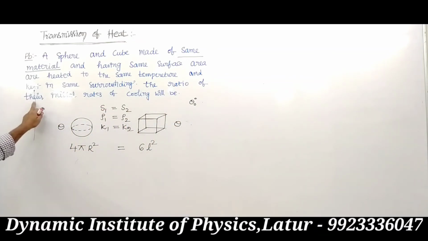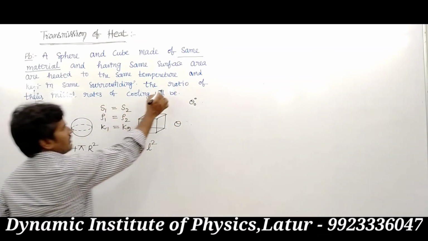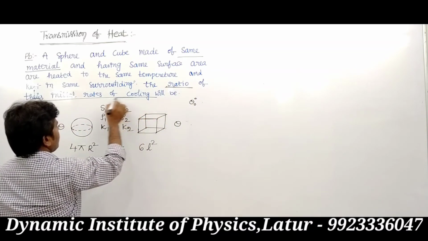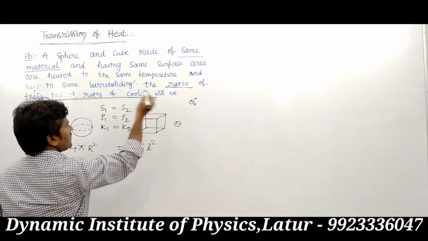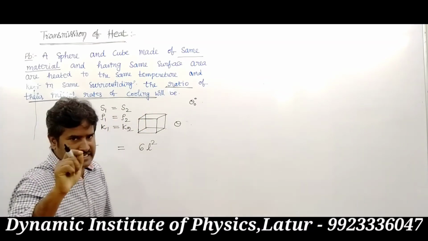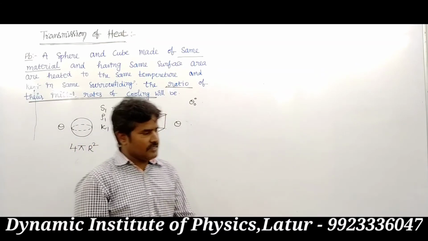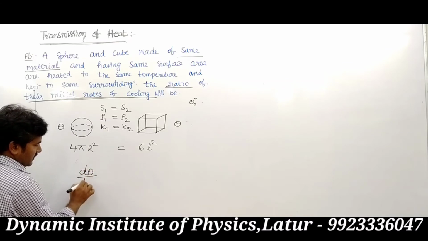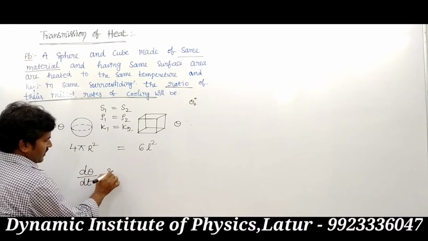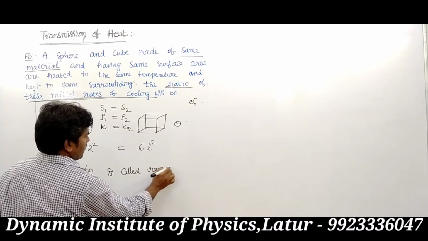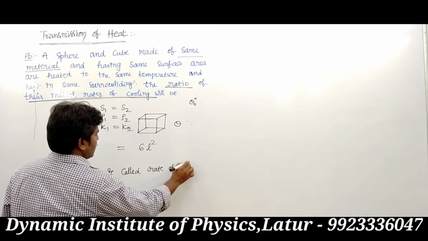The ratio of their initial rate of cooling is what we want. The rate of cooling is d theta upon dt, which is called the rate of cooling.